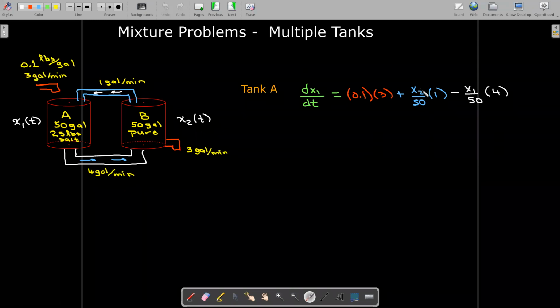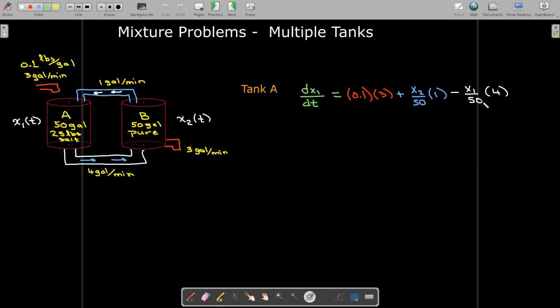So I'll take the amount of salt in tank B, divide it by the volume of brine, which is 50 gallons, and multiply that times 1, because that is the rate at which it's being pumped out of tank B and into tank A. However, at the bottom here, we have 4 gallons per minute leaving of whatever mixture we have in tank A. The concentration is whatever amount of salt we have divided by its volume, which is a constant 50 gallons.